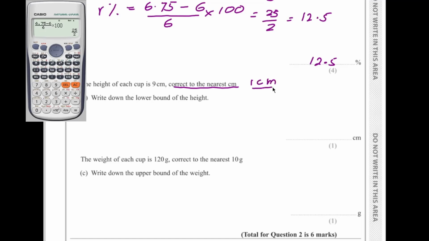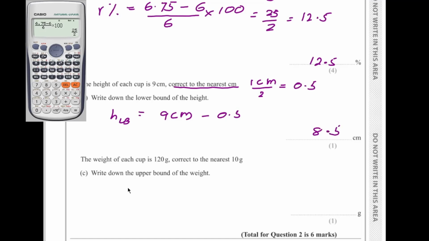And to get upper or lower bound, I have to divide this by 2, which becomes 0.5. Then the lower bound of the height becomes 9 centimeters minus 0.5, which becomes 8.5 centimeters.